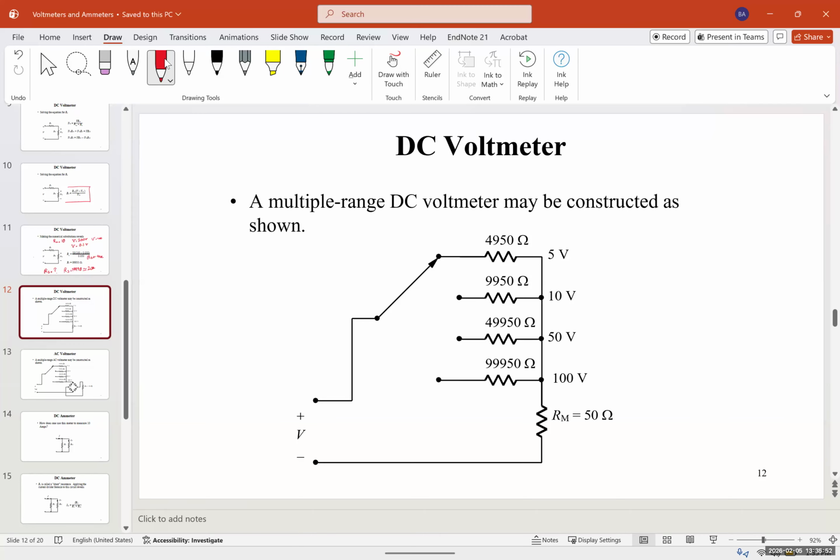For this example, the resistors are 5K, 10K, 50K, and 100K. With the 5K, you can measure up to 5 volts, 10K, 10 volts, 50K, 50 volts, and 100K, 100 volts.